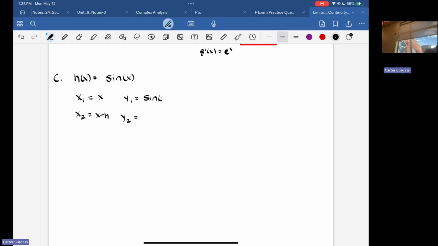Very nice. Sine of x for y1 and sine of x plus h for y2. And so h prime of x is going to look like y2 minus y1, sine of x plus h minus sine of x over x2 minus x1, which we know is just going to leave behind an h. Right? The x's are always going to cancel.